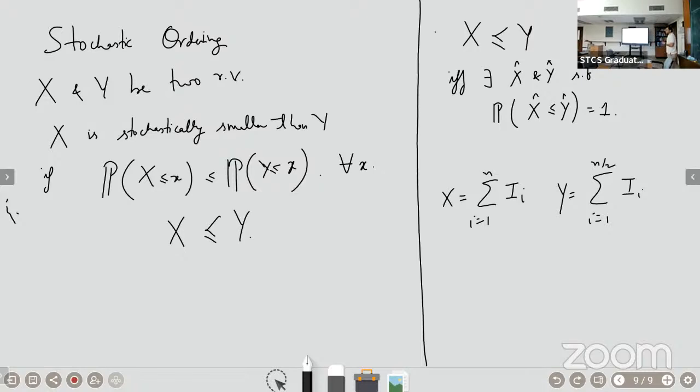But can you convince me? So it's a weird distribution to come up with. It's clear, right, that Y is weaker than X. I'm tossing the coin n times, I'm tossing the coin n by 2 times. So it's most likely that the distribution of X is a little higher, so to speak. But how do you convince me of that?